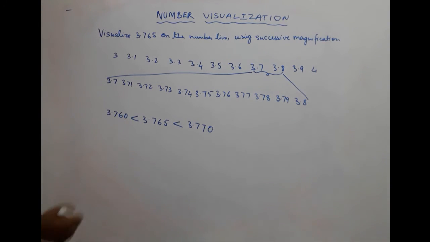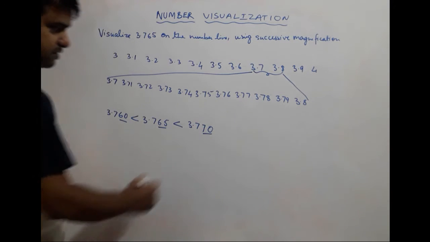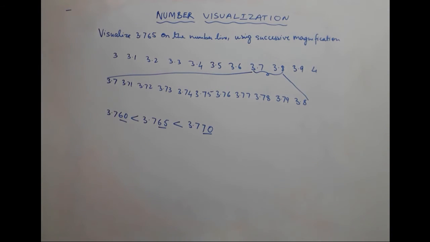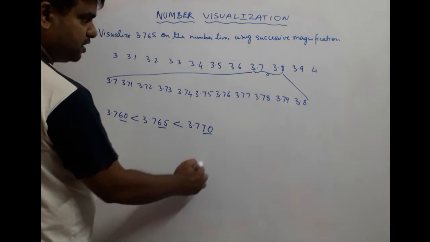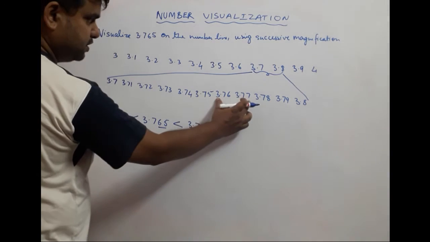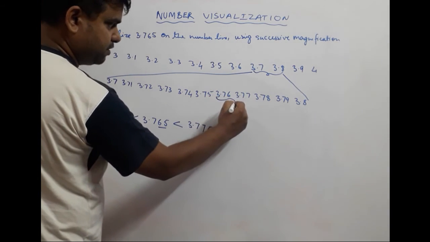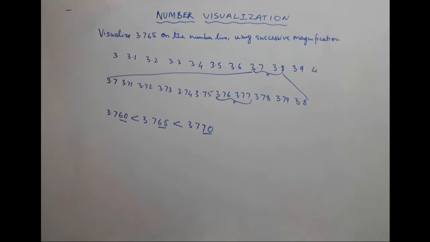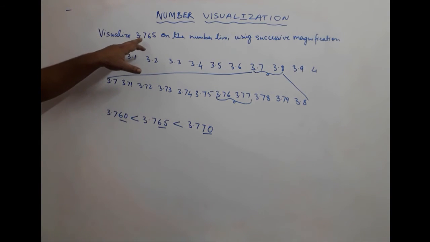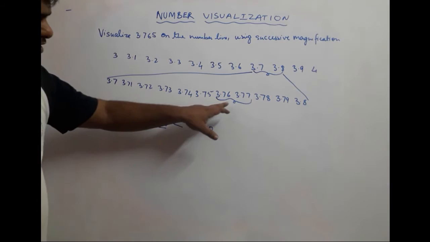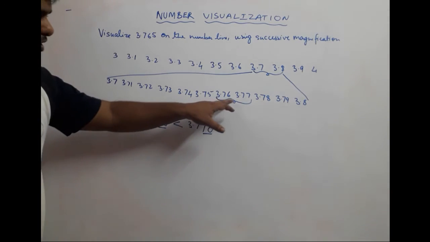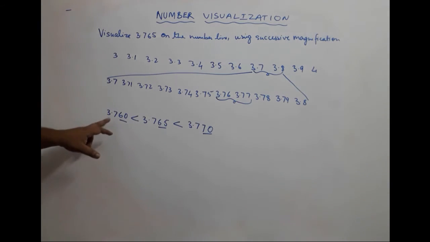Correct? So we look at this number. 60 is obviously less than 65, which is obviously less than 70, right? So we are going in the right direction. We are now looking at a number between these two. We are looking at magnifying this part, because we have found that 3.765 lies between this range, that is between 3.76 and 3.77, as we see over here.